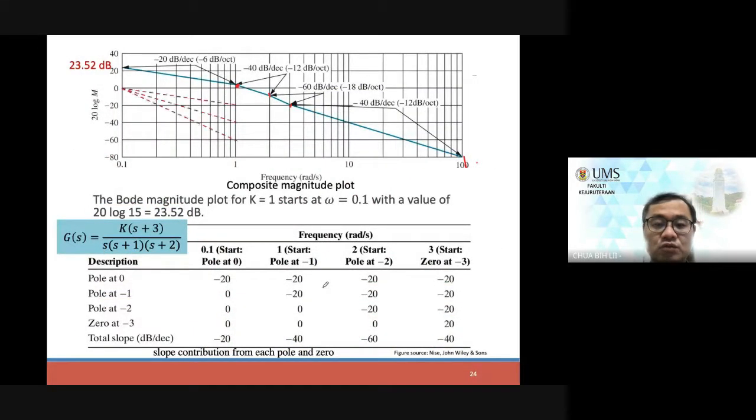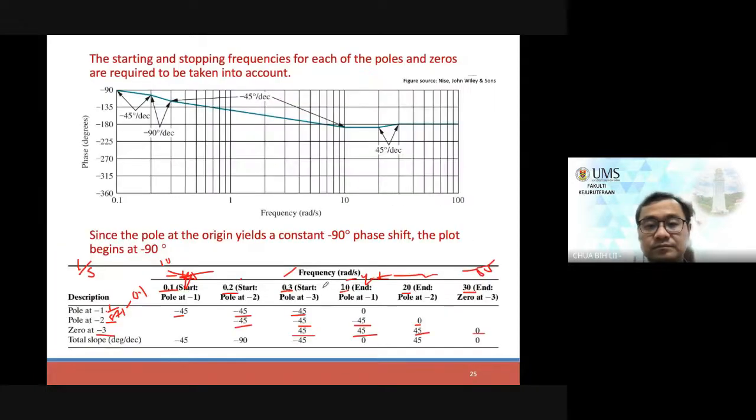So what we would do here, the starting line is minus 90, because of the 1 over s. All the way at the lowest one, starting at minus 90, then from there minus 45 all the way, and then at 0.2 minus 90, then at 0.3 back to minus 45, same slope, and nothing in between, so all the way the same gradient until 10.